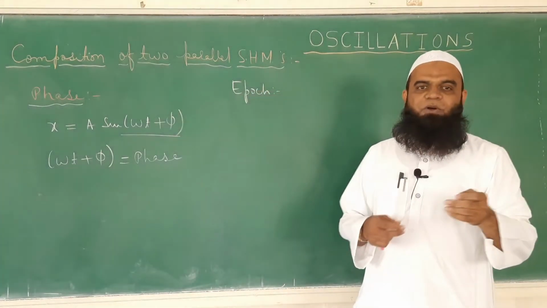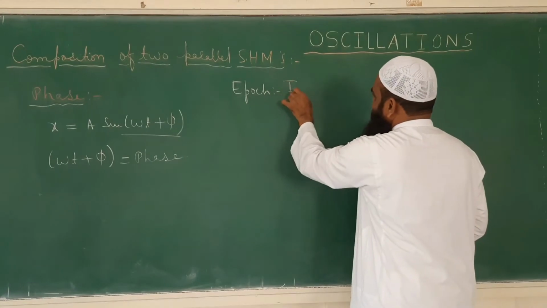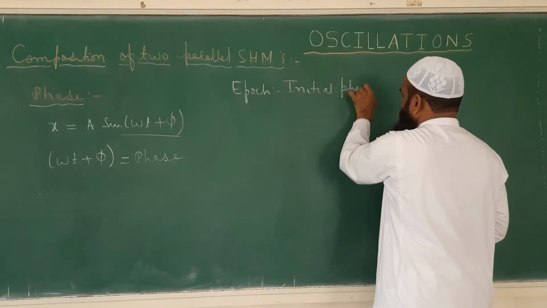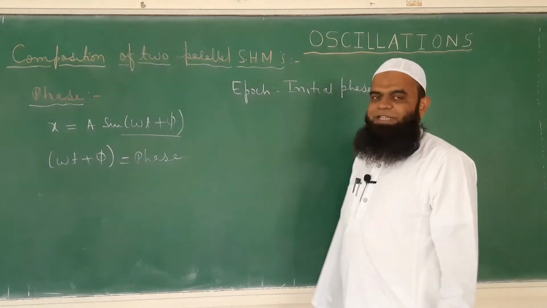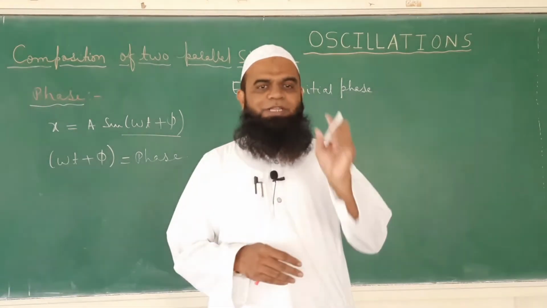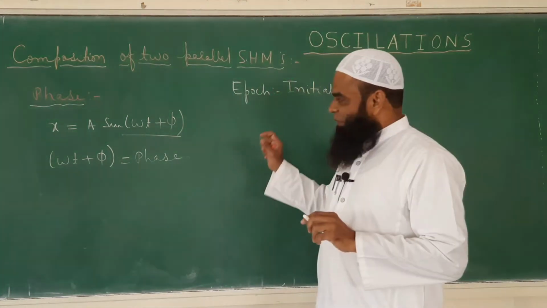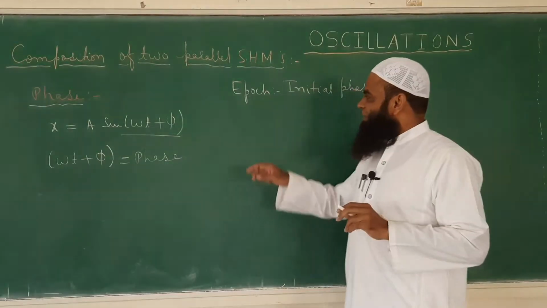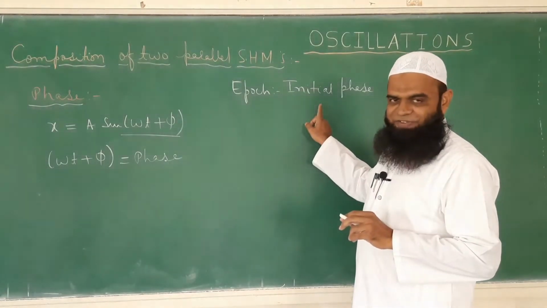This epoch is also called initial phase. That is, when the particle is starting its motion, what is the position of the particle and in which direction it is moving, this is called epoch or initial phase.